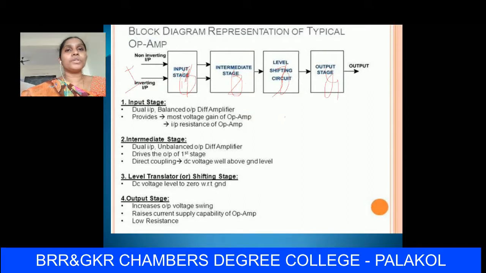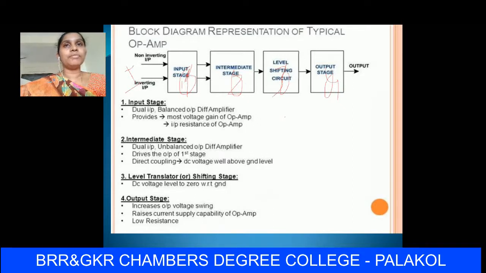This output stage increases the output voltage and also raises the current supply capability of the op-amp. At the output stage in an ideal op-amp, the output resistance is very low. So we already know these things. In an ideal amplifier, the input impedance is very high, the output impedance is very low.